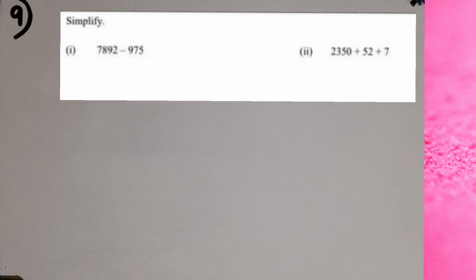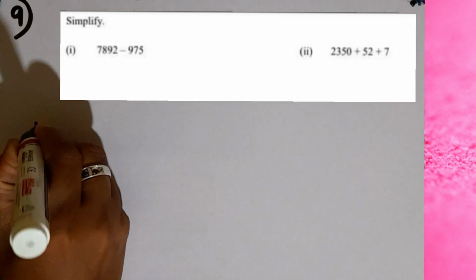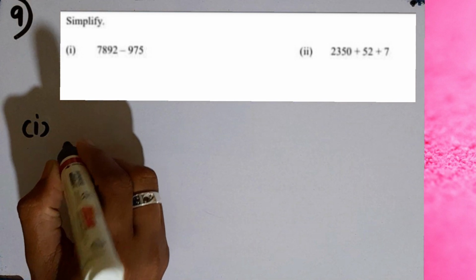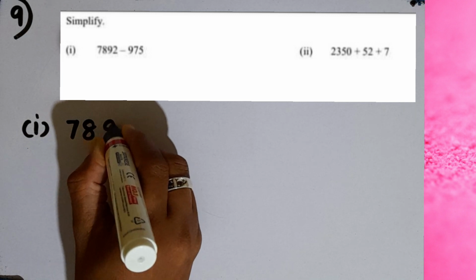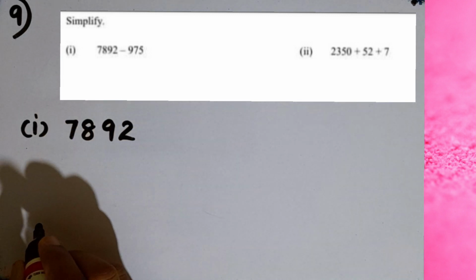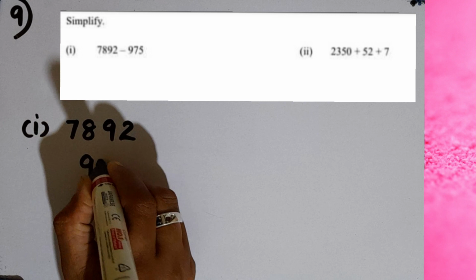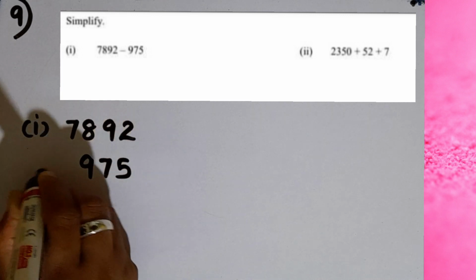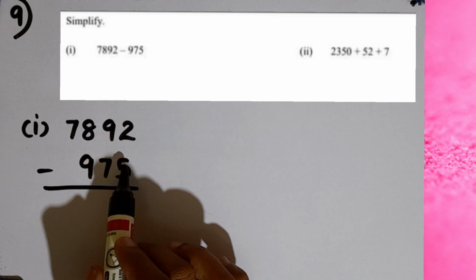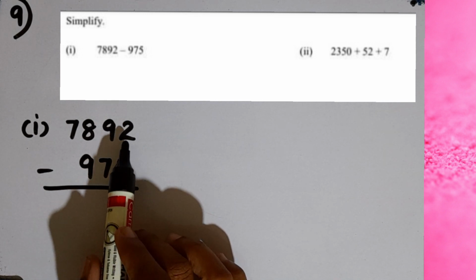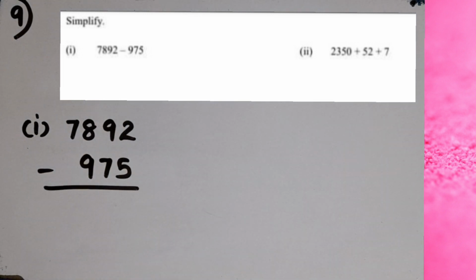Question number 9, we are given to simplify this. Part 1. 7,892 minus 975. You have to write like this, the place values one below the other, each digit in similar place values one below the other.